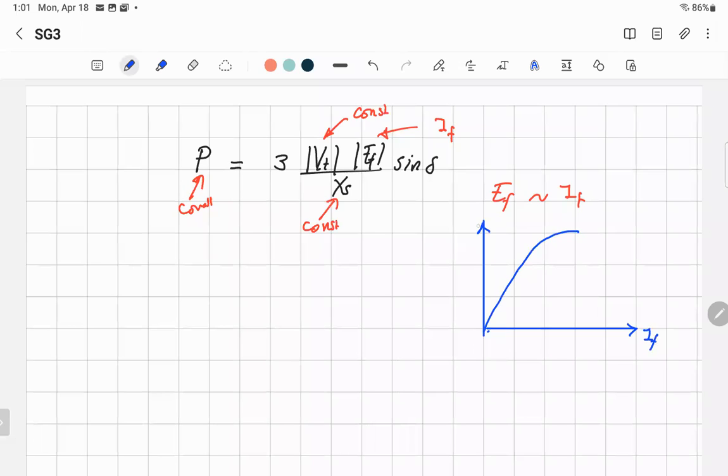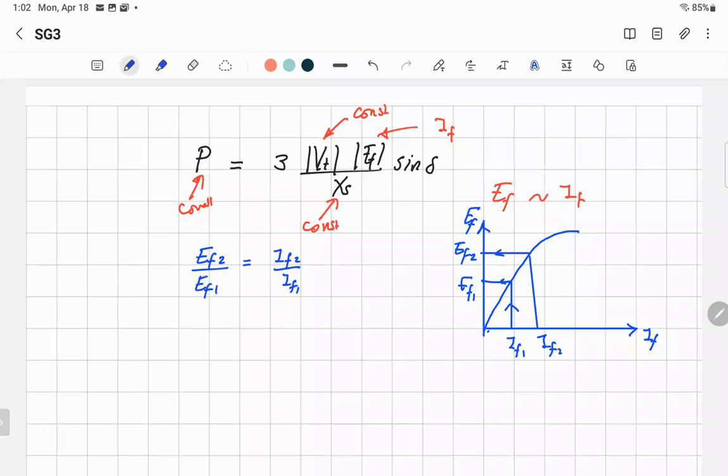So that's the magnetization curve. What is this axis? That's EF. So if you are working at this current, IF1, what you'll get here is EF1. If you are working at another current, you increase the current to IF2. So what you'll get is EF2. So proportion. You can say that EF2 divided by EF1 is equal to IF2 divided by IF1.